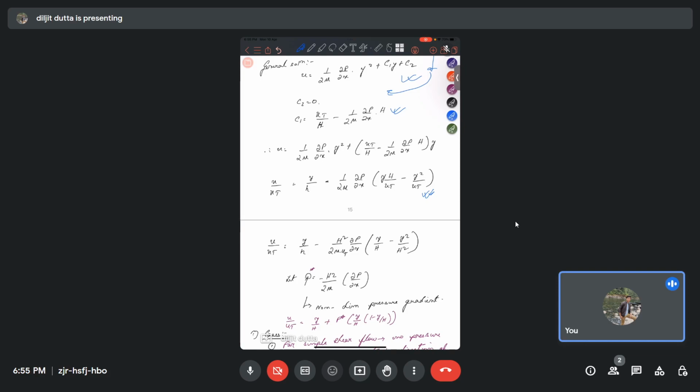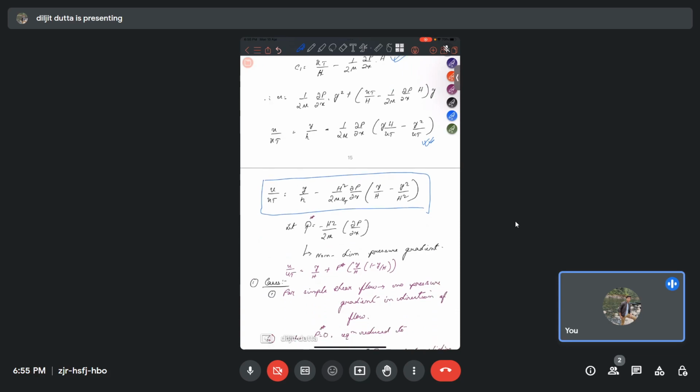So the u with respect to the Ut on the plate is u/Ut = y/h − (h²/(2μUt)) (∂p/∂x) (y/h − y²/h²).